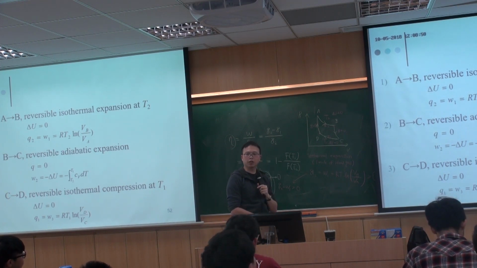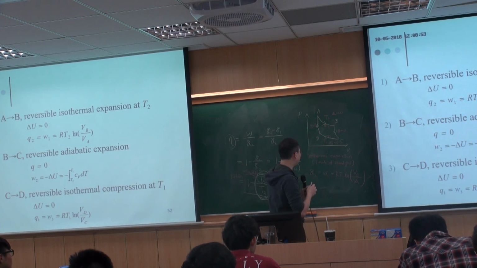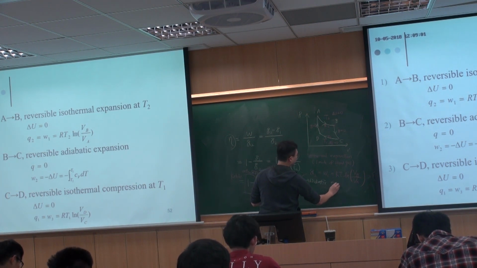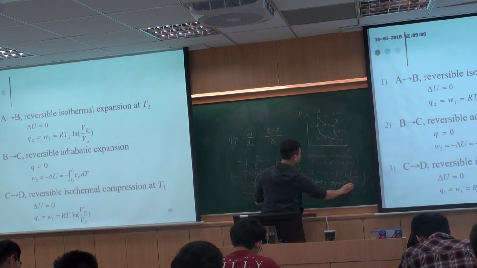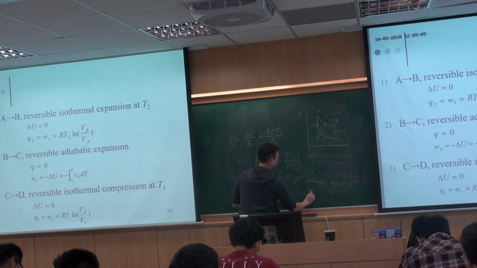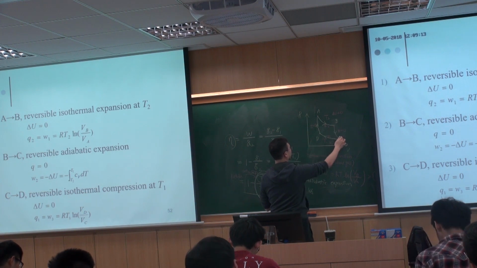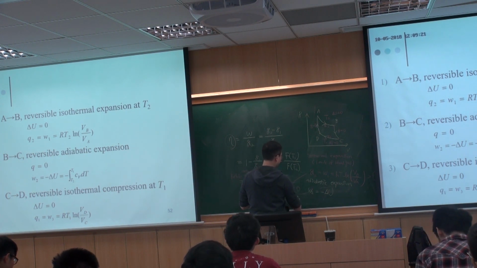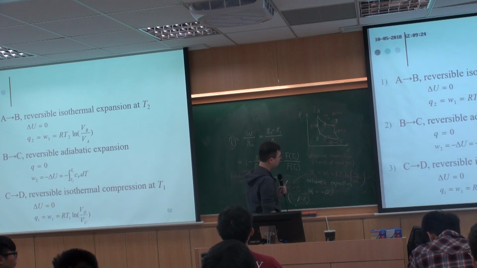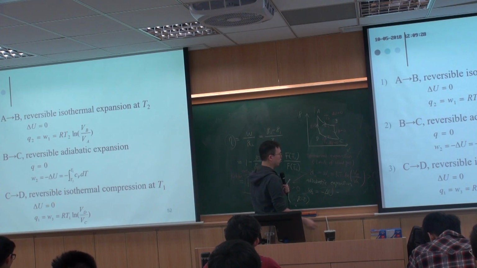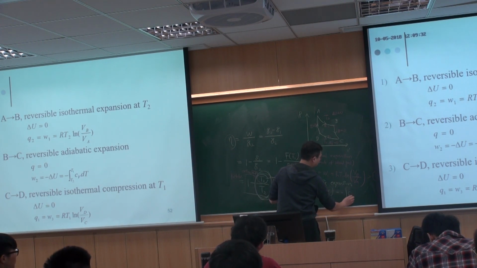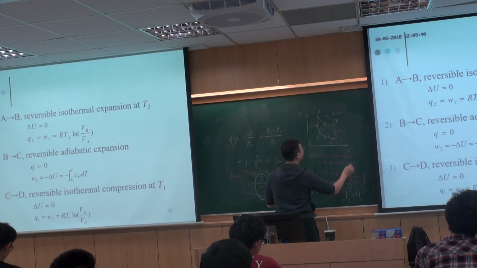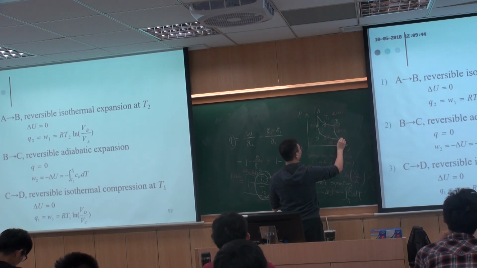Here we use the feature of ideal gas that dU is Cv dT, so this can be calculated by minus the integral of Cv dT, and the temperature goes from T2 to T1. Here we have T2, here we have T1.